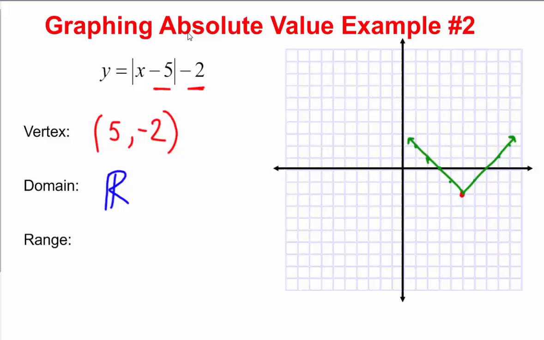And my range is going to be y is greater than or equal to -2. Because that is the lowest y value on my graph. I can also get that number from the y value of the vertex.